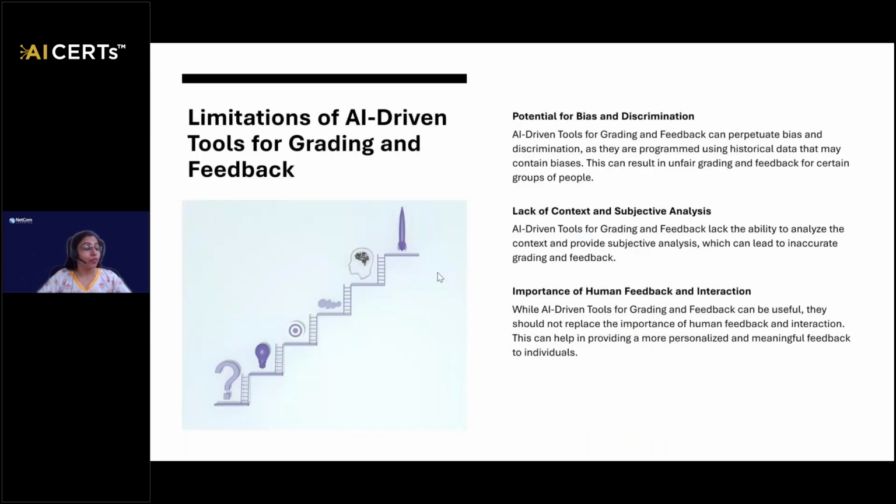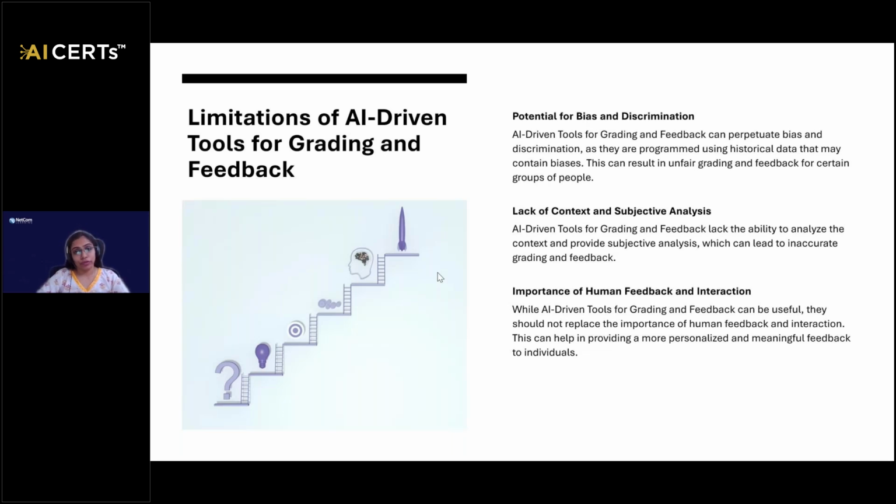But as we all know, everything comes with some limitations also, like a coin has two sides, the pros and cons, the benefits and the limitations. So for AI driven tools, also we have limitations. First is potential for bias and discrimination.